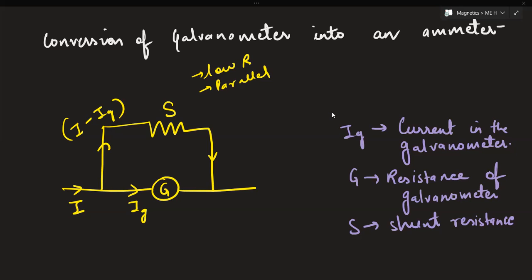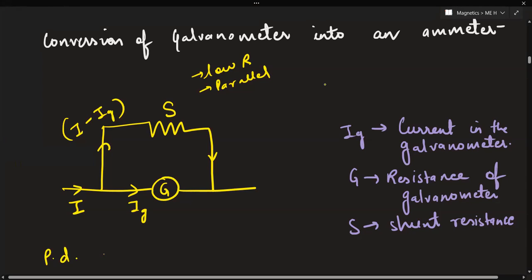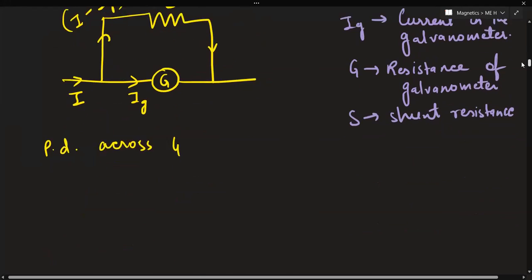Yes, right. It's voltage. Potential difference remains the same. So whatever is the potential difference across the galvanometer, I'll write it down. Potential difference across galvanometer is equal to potential difference across the shunt.